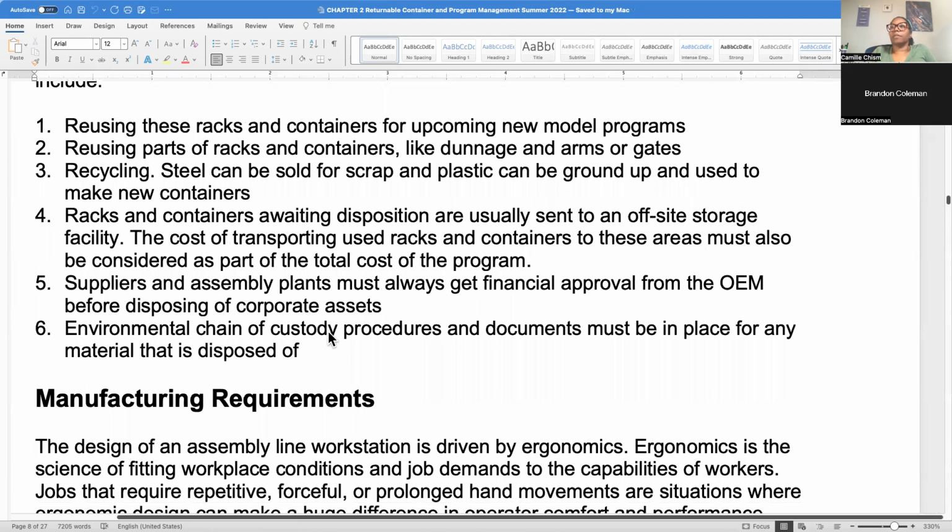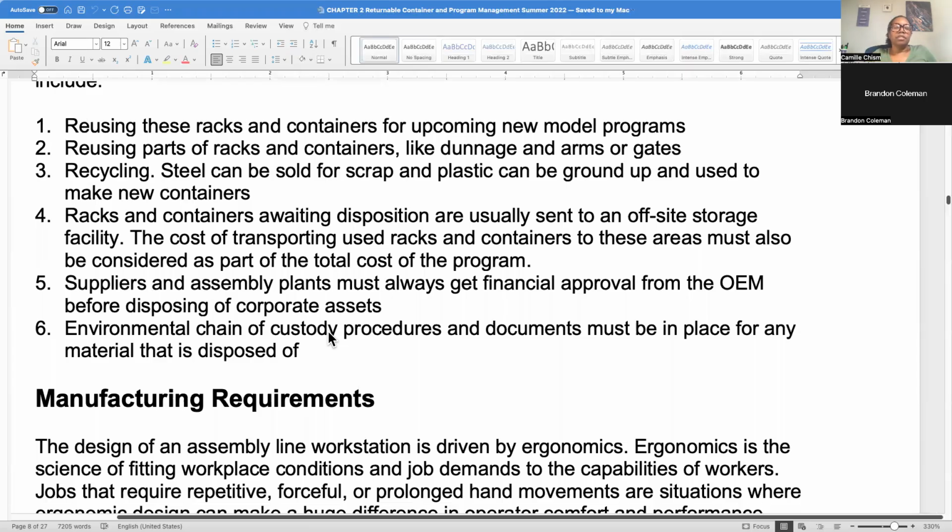I mentioned here, suppliers and assembly plants always have to get financial approval from the OEM before disposing of corporate assets, because depending on the program, depending on how things are set up, sometimes the OEM, if the packaging is shipping into the OEM, will buy it.